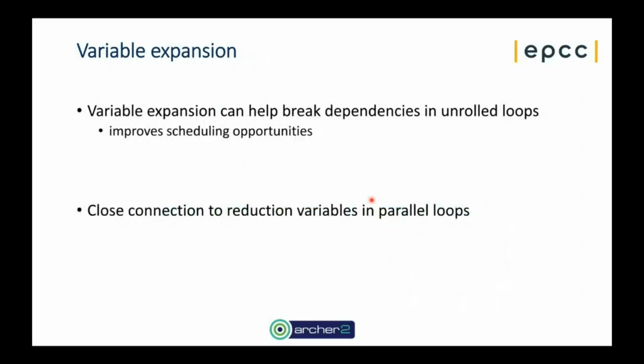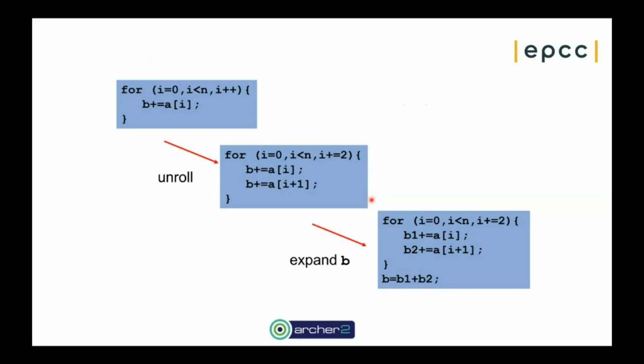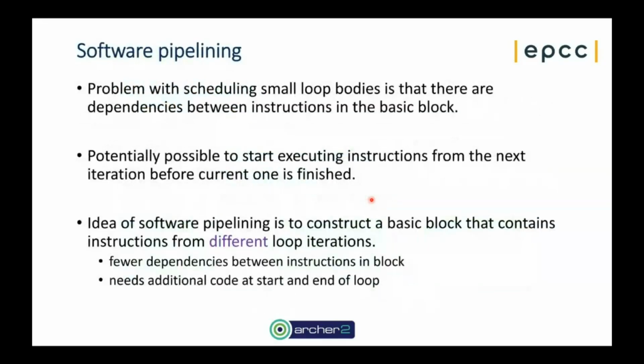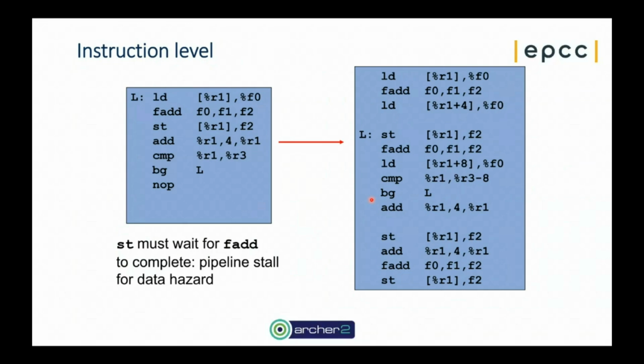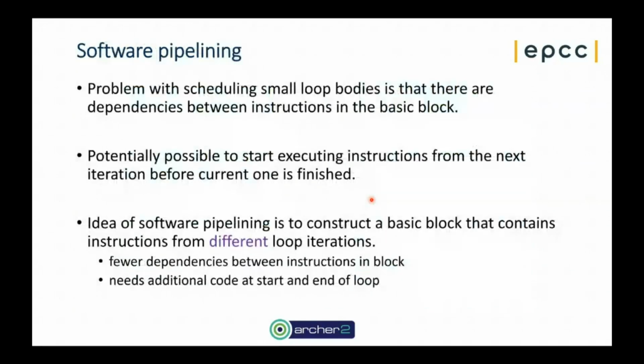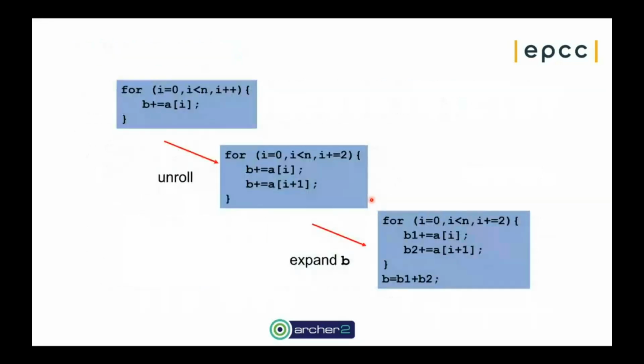And then there are other things the compiler can do. So the compiler will do things like variable expansion, register renaming, software pipelining, these kind of things, and try and do these things for you. They're a bit more complicated. You don't have to worry too much about what they're doing, but the compiler will be looking to break down dependencies between the operations and give itself more freedom, more operations that it can reschedule and rename and move around.